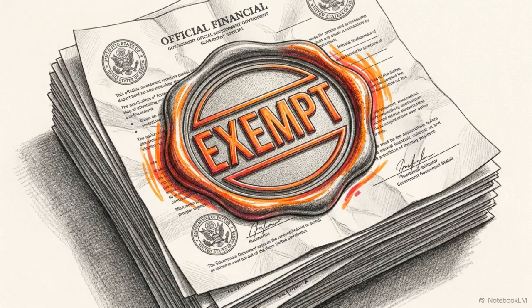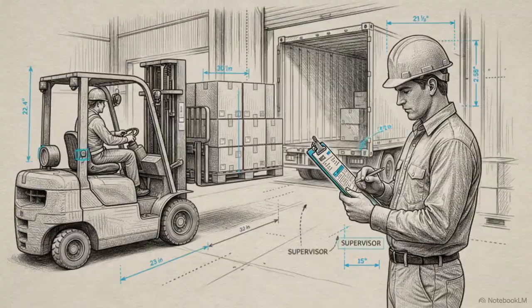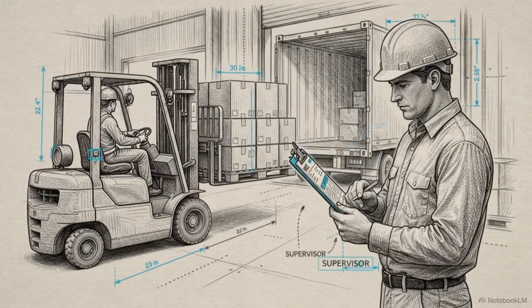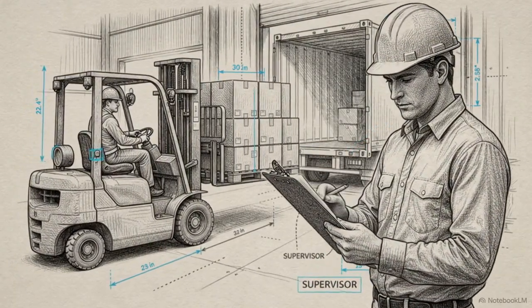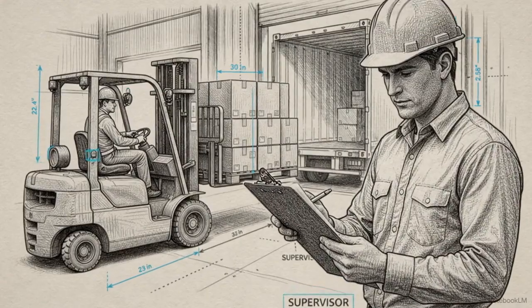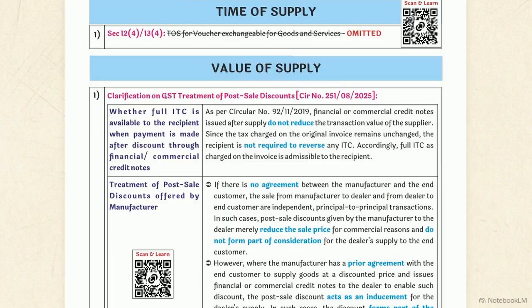Consider a scenario where a manufacturer offers a post-sale discount, but there is no prior agreement with the end customer. Referencing the specific circular conditions, without an agreement, these independent principal-to-principal transactions merely reduce the sale price for commercial reasons. The discounts do not form part of the GST consideration for the dealer's supply to the end customer. Now, alter the scenario.